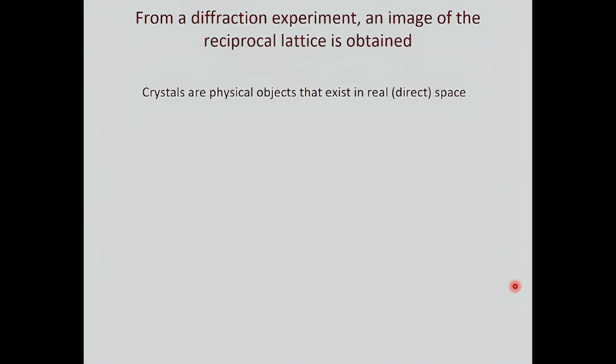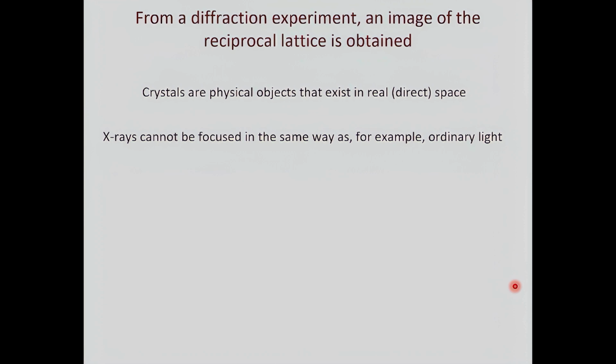Okay, but let's go on just a little bit to say that obviously all of us know that the crystal is something real. We can look at it, it exists in our space, which we call real space, or in crystallography also direct space. But what we collect when we perform a diffraction experiment on the crystal, are you able to see directly the crystal again?